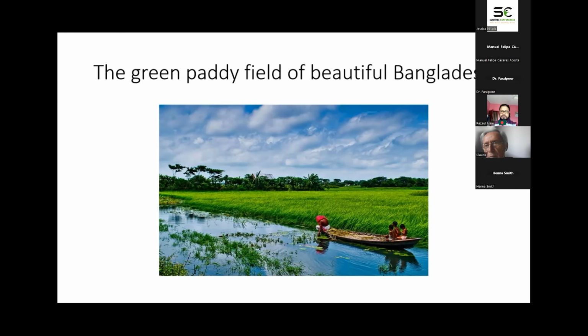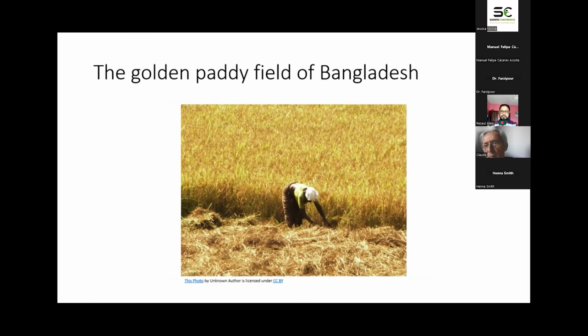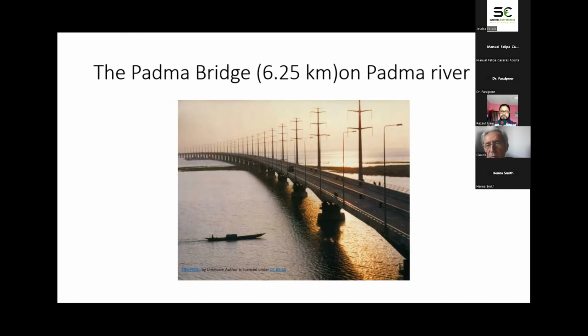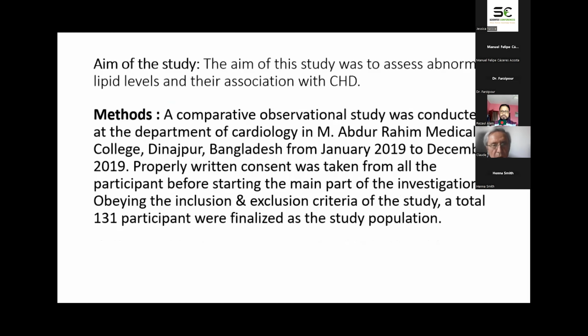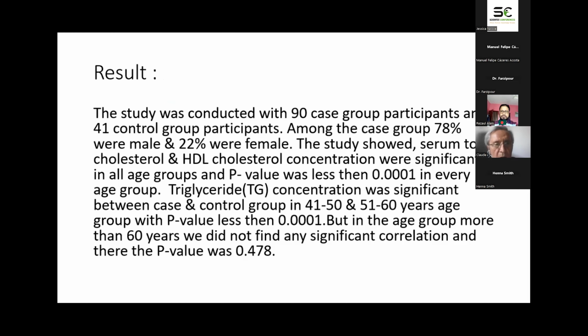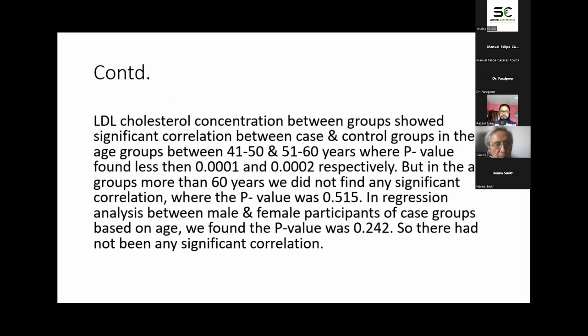But in the age group more than 60 years, we didn't find any significant correlation, where the p-value was 0.515. In regression analysis between the male and female participants of the case group based on age, we found the p-value was 0.242, so there was no significant correlation in this respect.